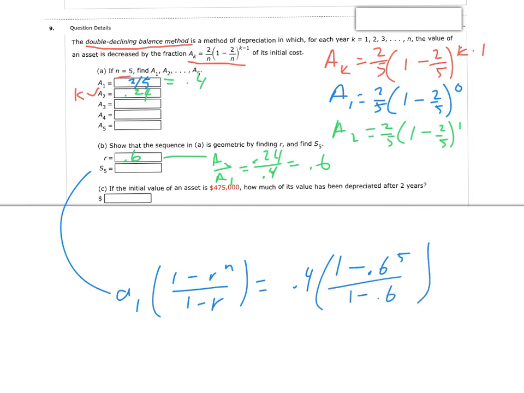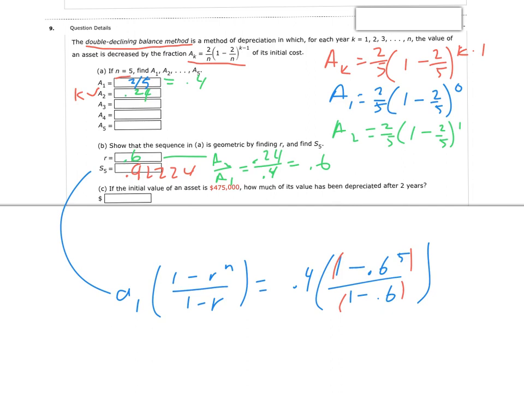And then I need my extra parentheses in the numerator and denominator. So we get 0.4, 1 minus 0.6 to the power of 5, divided by 1 minus 0.6. Oh, I got to do parentheses there. And that'll give me 0.92224.